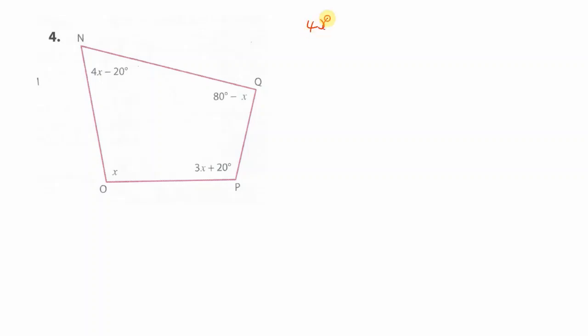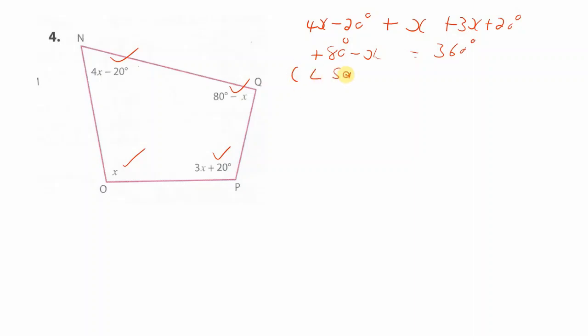So we have 4x minus 20 degrees plus x plus 3x plus 20 degrees plus 80 minus x equals 360 degrees. The reason is angle sum of quad equals 360 degrees.